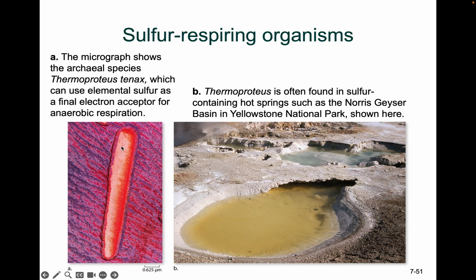An example of this is Thermoproteus tenax, an archaea that loves to use sulfate as its final electron acceptor. These guys live in areas where sulfur is very rich, such as hot springs with a lot of sulfur, which makes sense because they utilize whatever is there, for example sulfur, as their final electron acceptor.